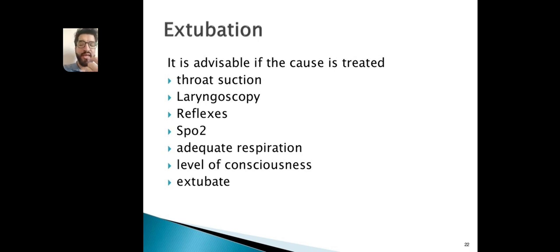We insert the laryngoscope and visualize the area, and we can blunt the reflexes as well. We continuously monitor the SpO2. Adequate respiration is given first. The level of consciousness of the patient is checked, and once all the things are good, we can deflate the cuff of the tube and take it out slightly, and after taking it out we have to do suctioning at the throat so that the secretions present there will not go into the lungs.